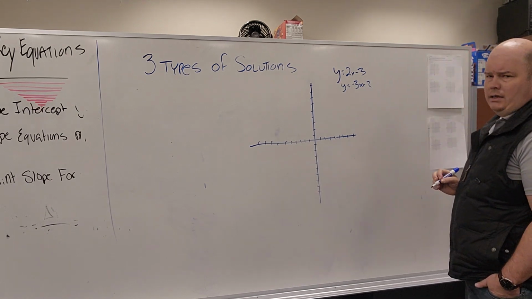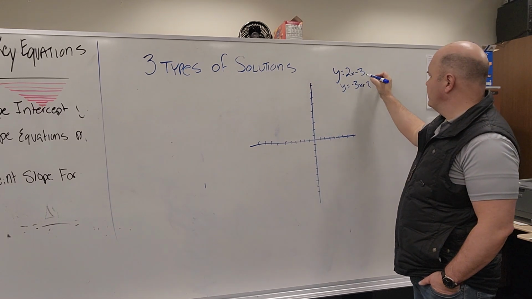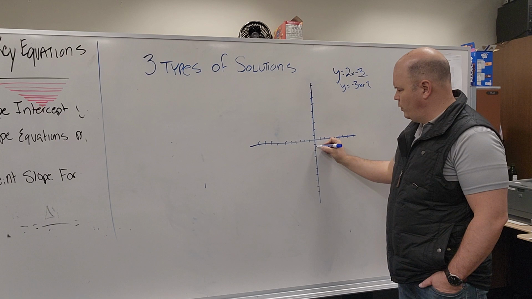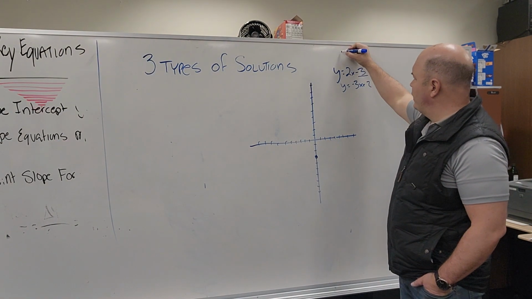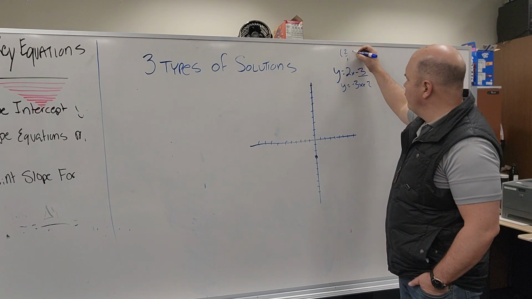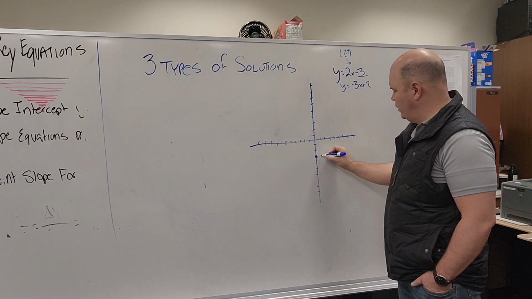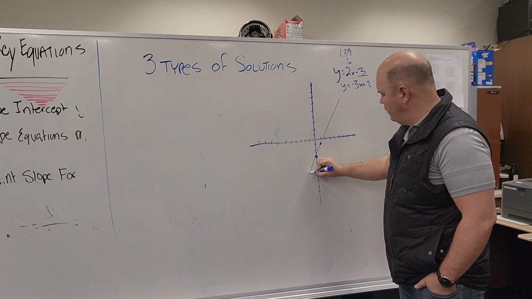Okay, and if that's the case, first I got to graph my first line. I know minus 3, that's my y-intercept, so I'm going to go down 3. 1, 2, 3. Okay, the 2 is my slope, but I'm going to rewrite that as 2 over 1, because now that tells me to go 1 to the right and 2 up. So I'm going to go 1 to the right and 2 up, and I'm going to graph my line.